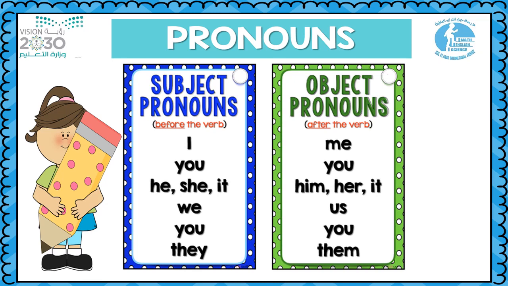What are the subject pronouns? They are the pronouns that are used in the naming part of a sentence, in the beginning of the sentence. We use them before the verb, before the action. What are these pronouns?